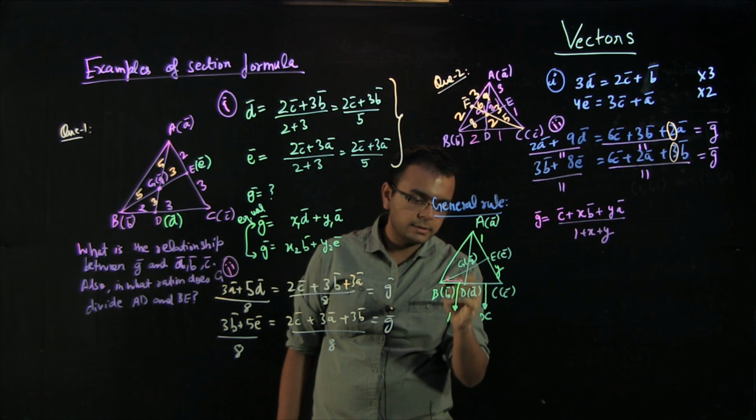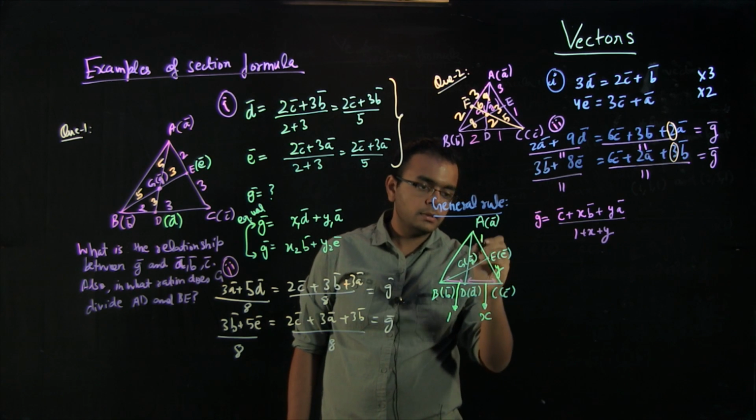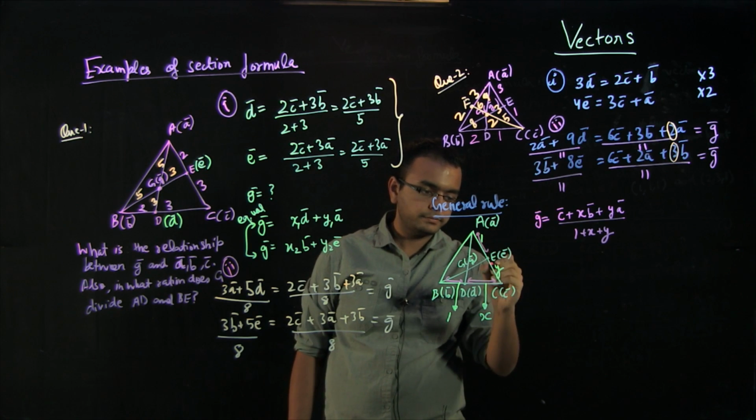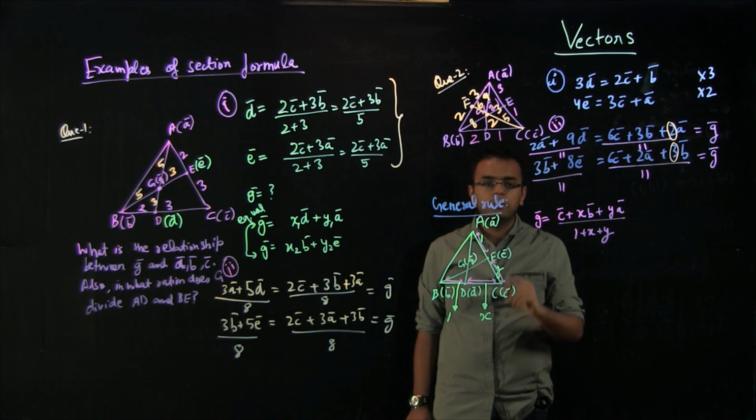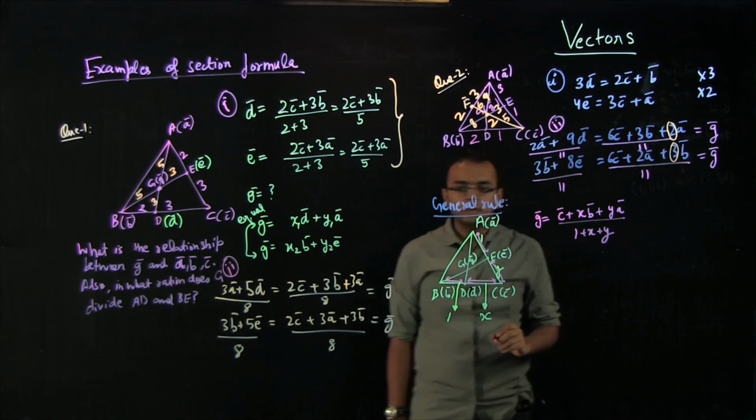Okay, I'll talk about this, so just write it down: you can make this ratio as 1:x, this ratio as 1:y, and then you should be able to write g vector directly as this.